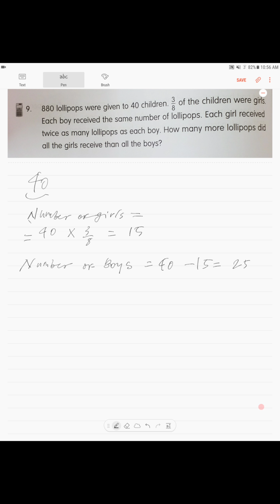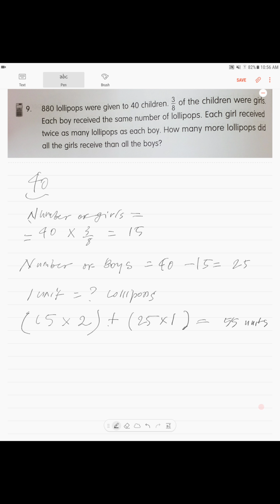We need to calculate how many units, with 1 unit being some kind of amount of lollipops, right? So we have our 15 girls and they got 2 units, so it's twice as much. Plus, we have our 25 boys and they got 1 unit of lollipops, right? So if you calculate this, you're gonna have a total of 55 units.